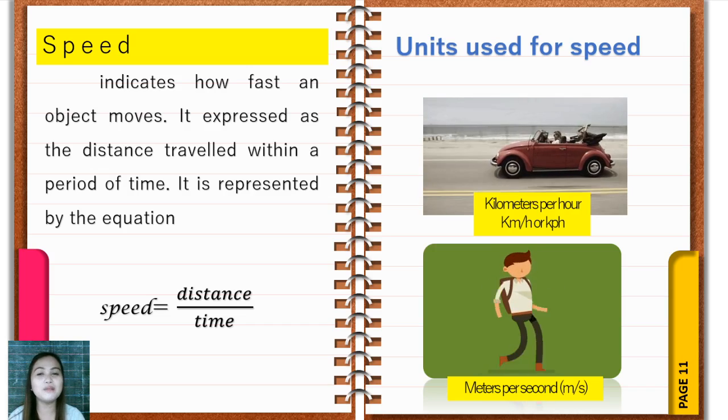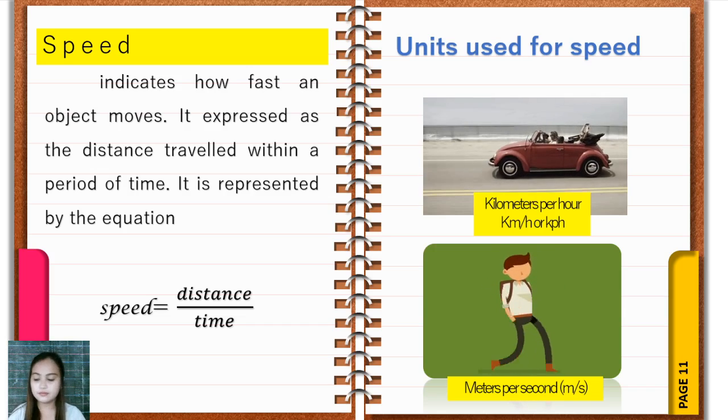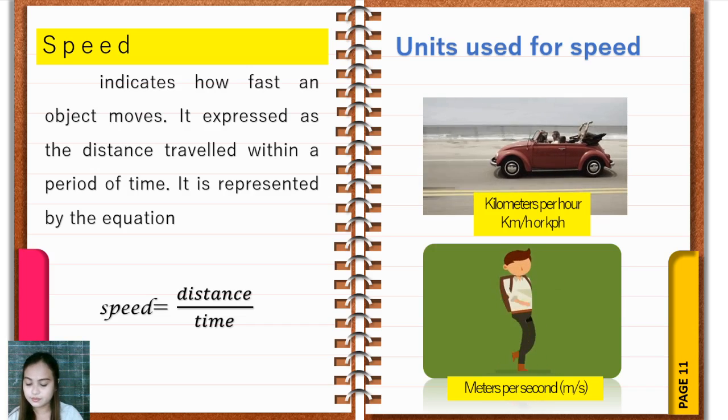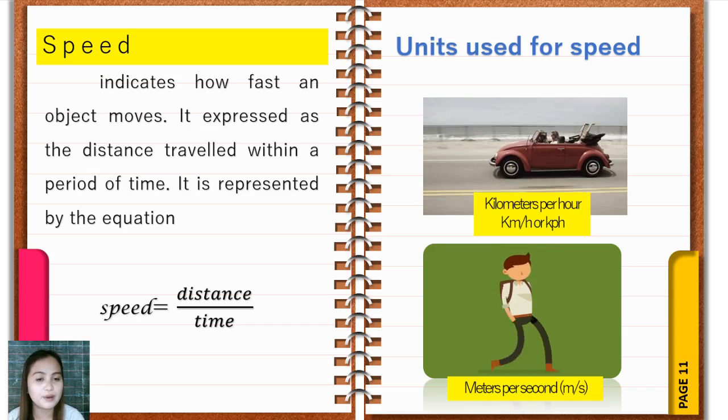So how will we measure speed? Units used for speed. How will you measure? When traveling a long distance, like in the first picture when we use a car, we will use the unit kilometers per hour or kph.